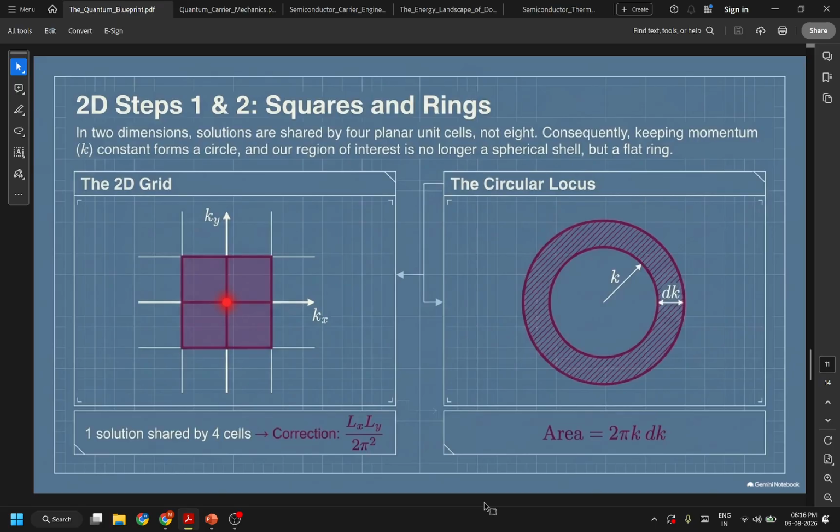One solution is shared by four squares, so that gives us Lx Ly over 2π squared. It will be a circle here, so the circular area will be 2πk dk.